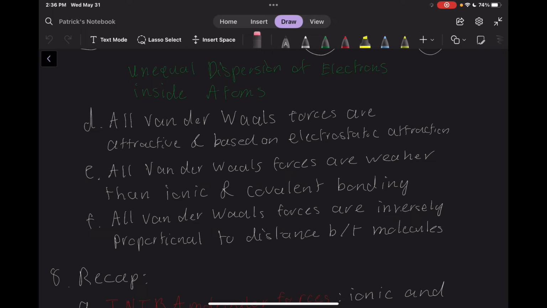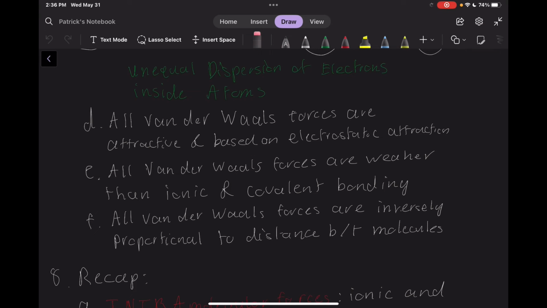There are three universal statements that we can apply to all van der Waals forces or intermolecular interactions. The first is that all are attractive in nature. We know this because all intermolecular interactions are based on electrostatic forces, and opposites attract. Now, there are some rare circumstances in which van der Waals forces can be repulsive and push molecules away from one another.